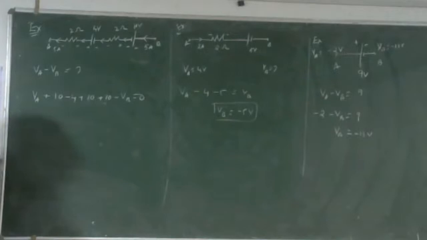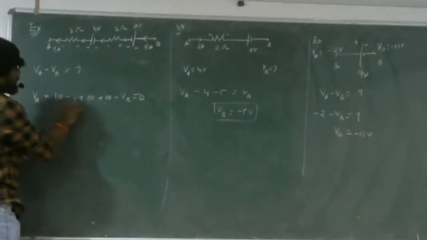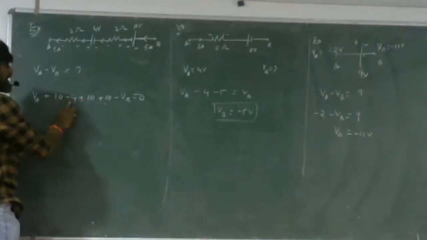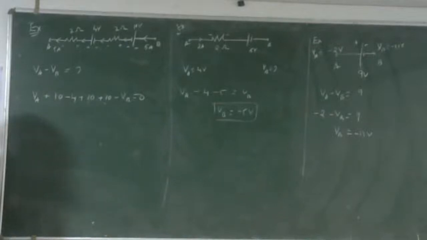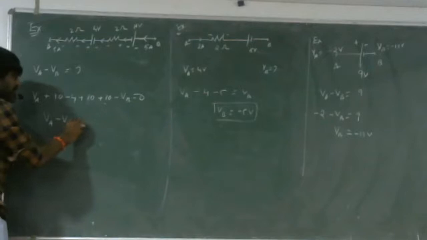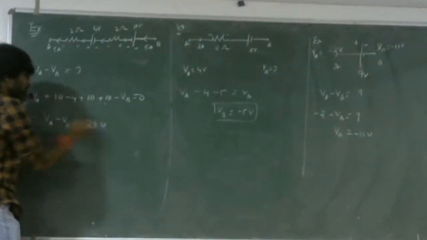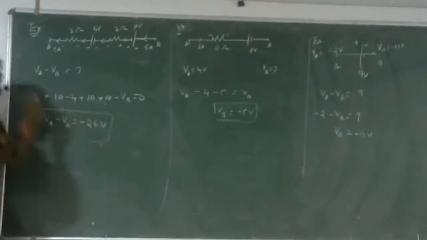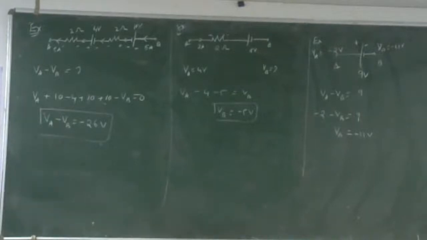You understand? So here we have 10 plus 10 plus 10, 30 minus 4, 26, plus 26. So VA minus VB plus 26 equal to 0, or you can take it as VA minus VB is equal to minus 26 volt. Here is the potential difference. Got it? Right. Next one.